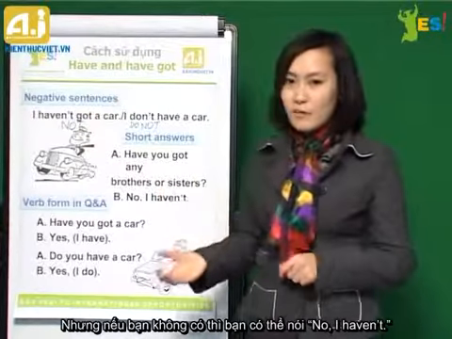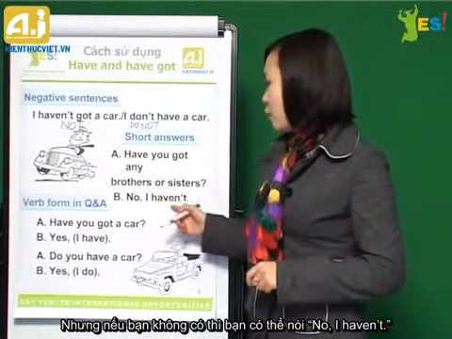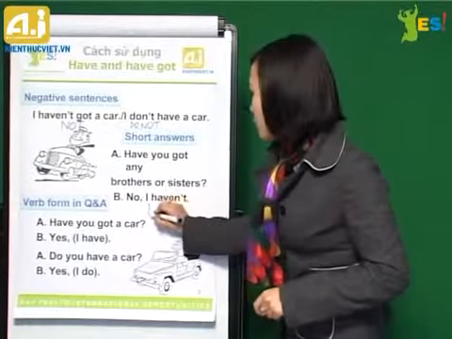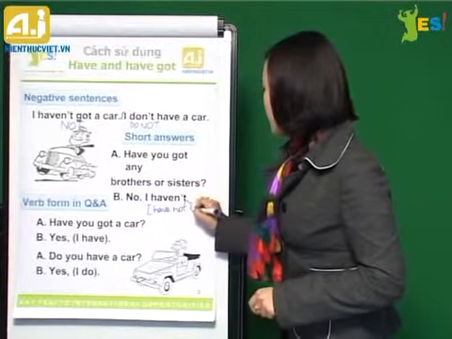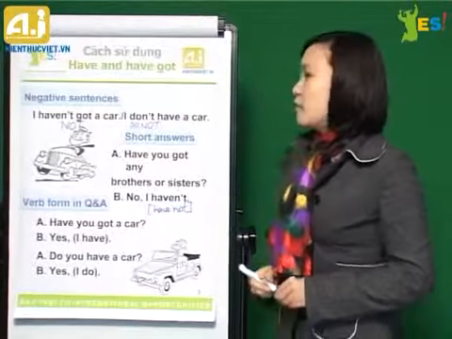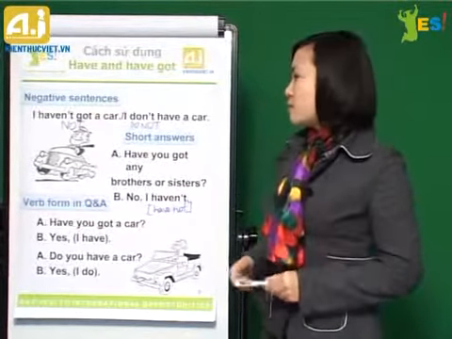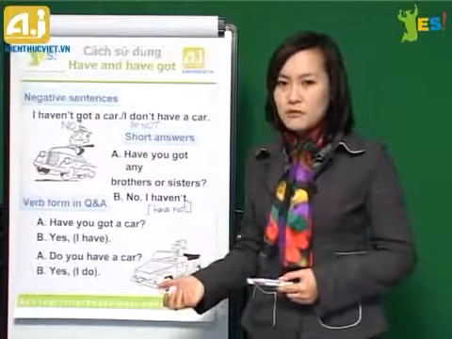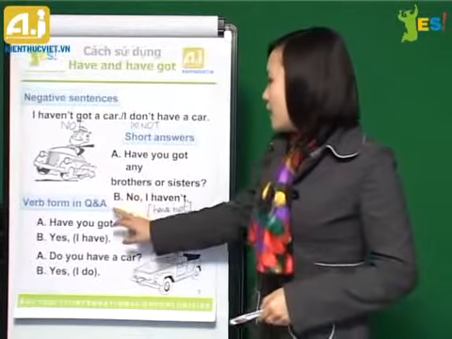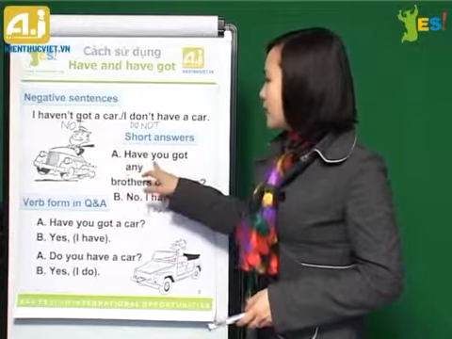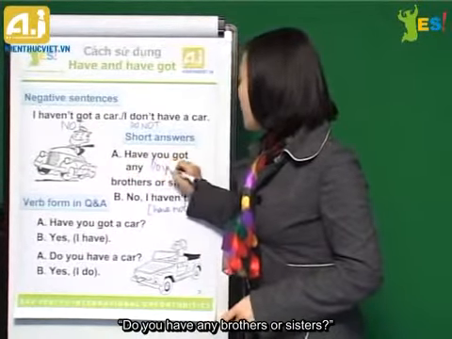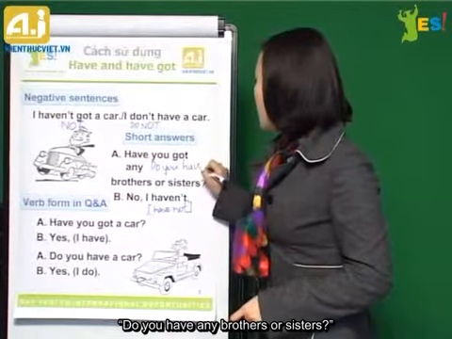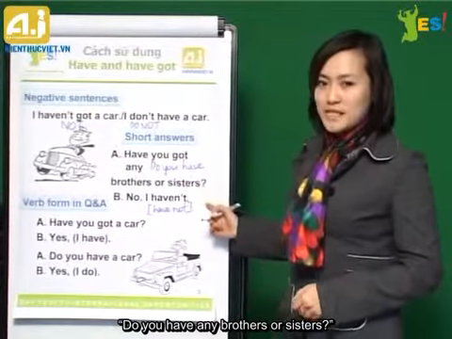But if you don't have any brothers or sisters, you say, no, I haven't. Which is actually have not. Now for the verb form, in this case, you can say, do you have any brothers or sisters?